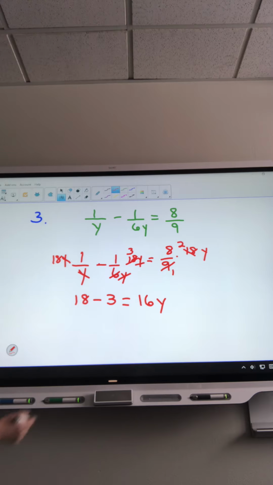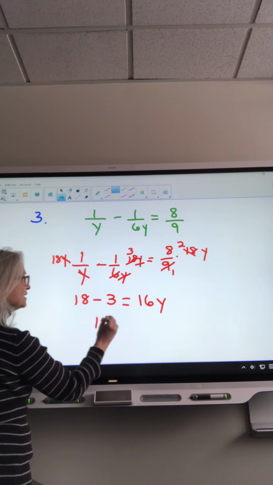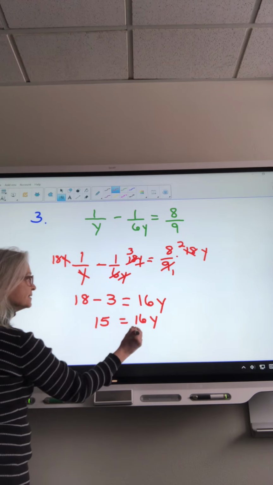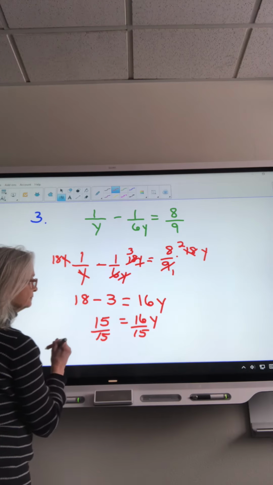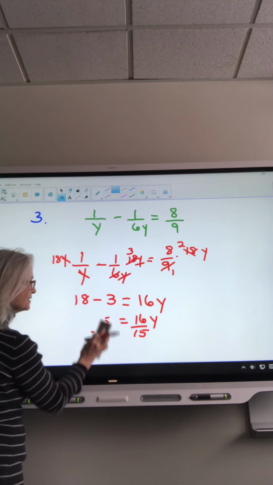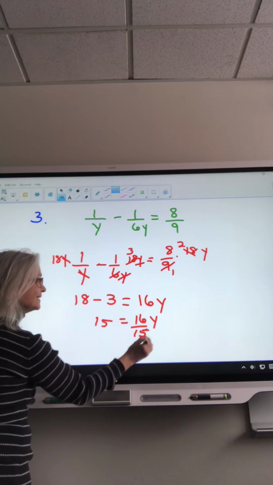Okay, so I would just say 18 take away 3 is 15. And then I need that y by itself, so I divide by 15. Whoops, I don't divide by 15, I divide by 16, sorry. Got a little ahead of myself. So I divide by 16.